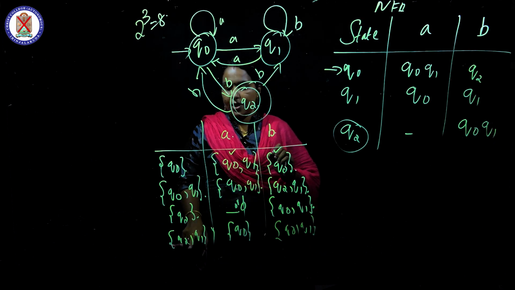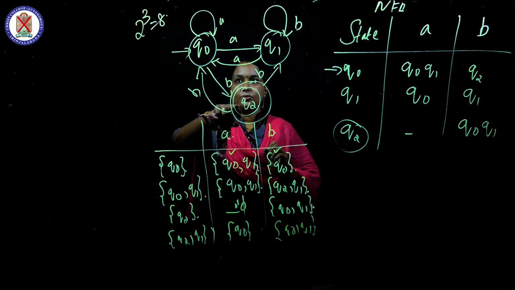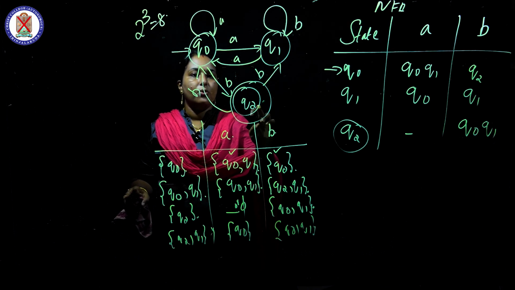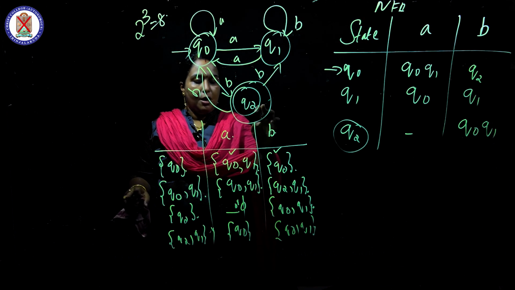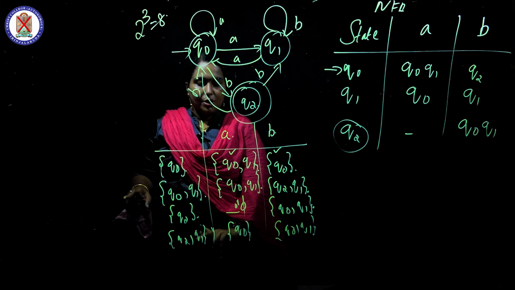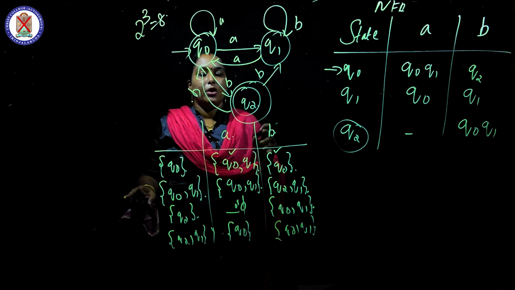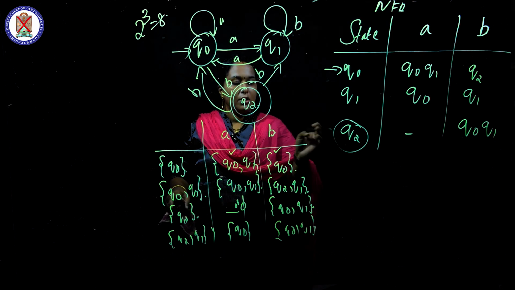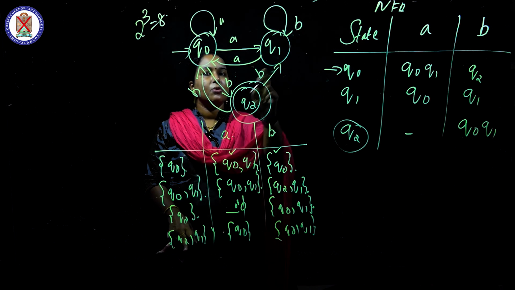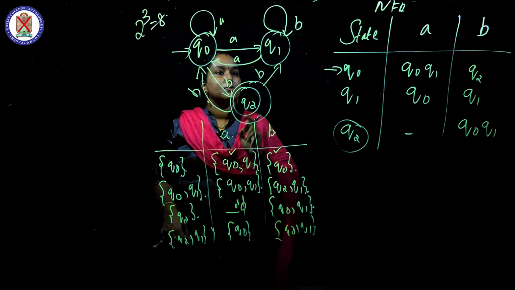Once again, if you have confusion: Q2 on A goes to nothing, but Q1 on A goes to Q0, and Q2, Q1 on B goes to Q0 and also Q1.